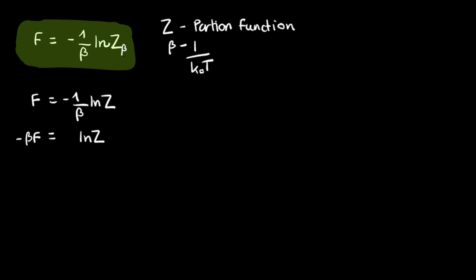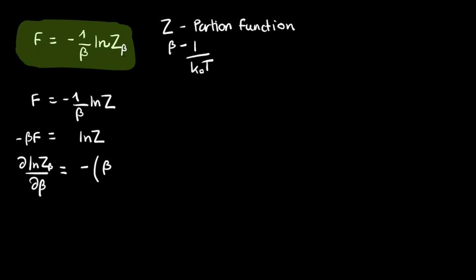So differentiating ln Z by beta. So we're differentiating with respect to inverse temperature. So what's this going to be? Well, we've got this minus sign out the front. That's a constant. And we've got beta F, so we've got a product right here. So what's our old friend going to be? We're going to use the product rule, none other than the classic, the product rule.